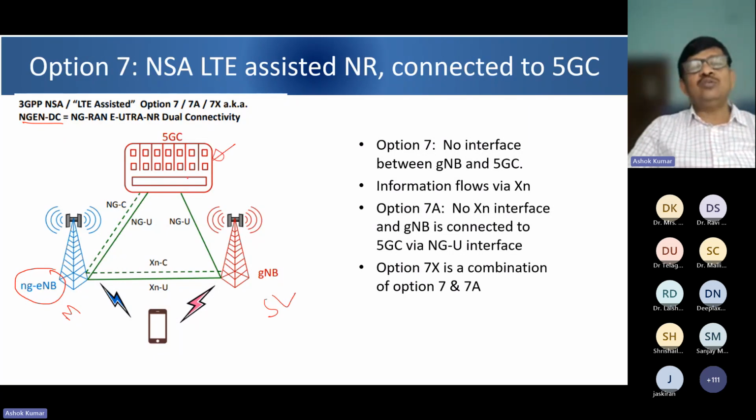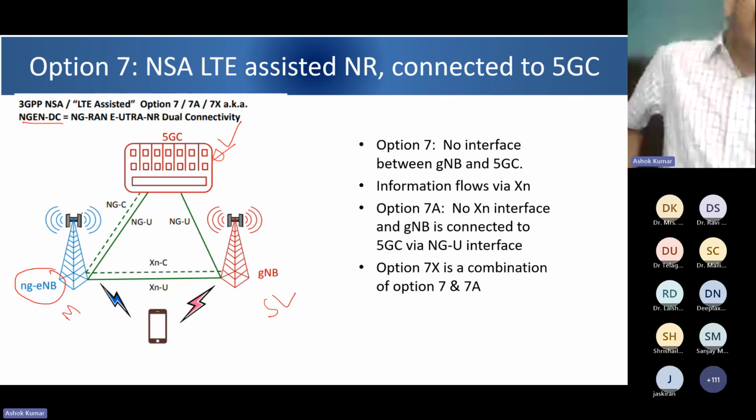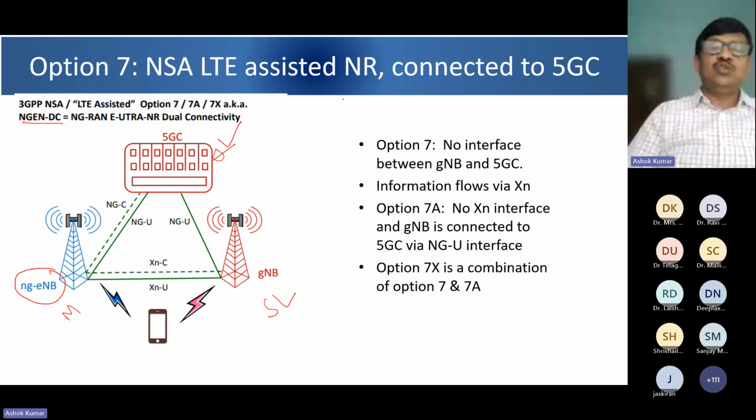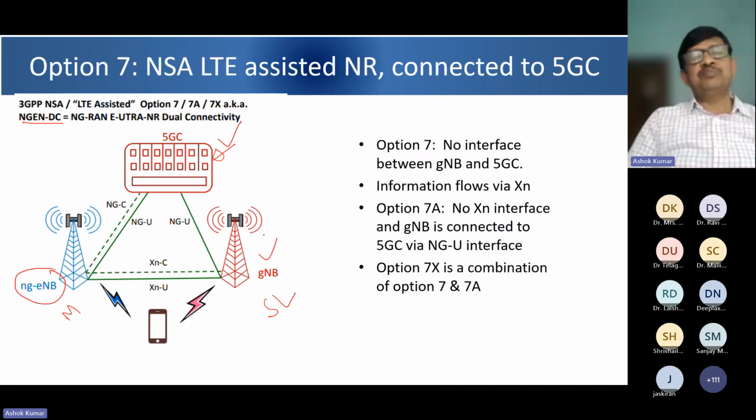This is akin to an operator having a 4G network who has just enhanced their core to a 5G core and also upgraded their 4G BTSs, making them an enhanced version of eNode B. So they have a 5G core and 4G BTS, and then keep on adding new gNode B BTSs as slave BTSs onto the network. So this is option 7, which we call NSA LTE assisted, because the eNode B is the master.